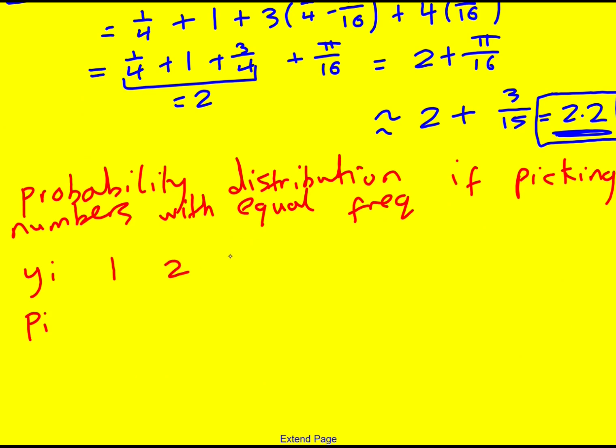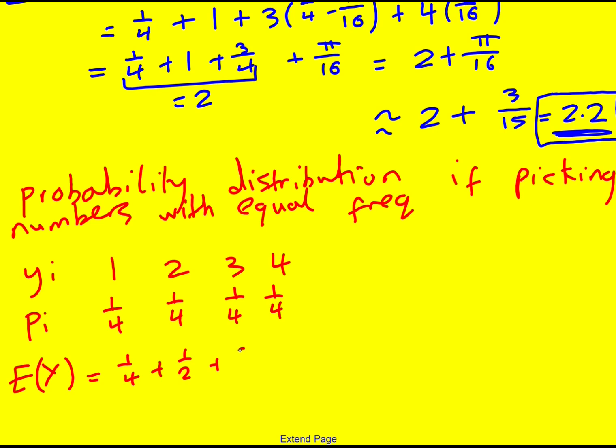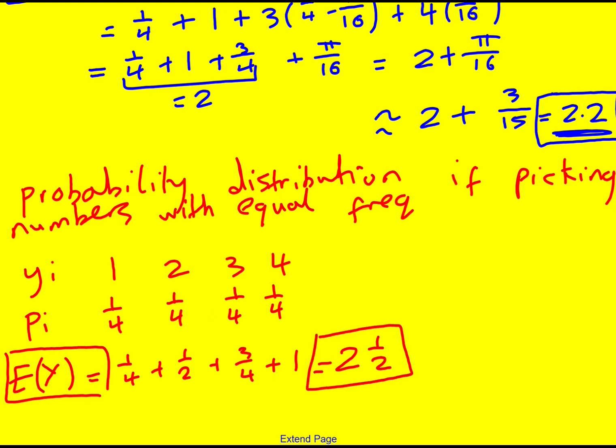So 1, 2, 3, 4, they're all going to be 1/4. So we're going to get 1/4 plus a half plus 3/4 plus 1, which gives a final answer of 2.5. So we've now got the expected value if picking the numbers with equal chance.